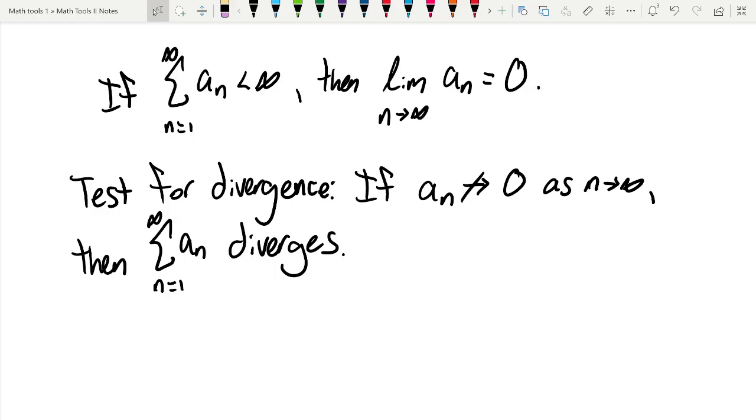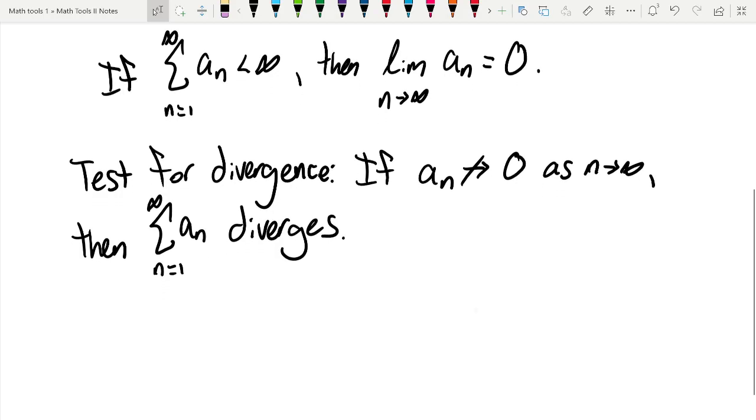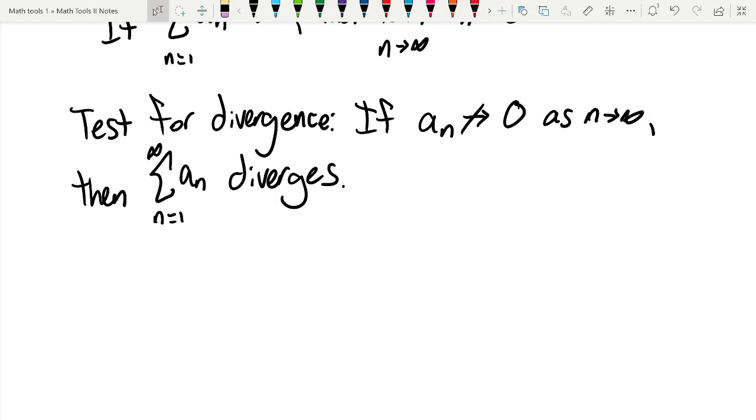So this is basically the first test you would ever want to do to test for convergence, because if the limit is not 0, then you're done. But if the limit is 0, you're going to need to use another test, because that alone doesn't tell us that it converges. So what we would say here is that the converse is not true.